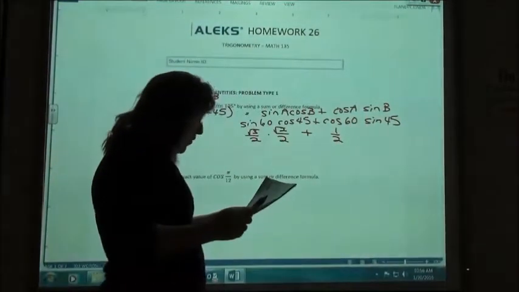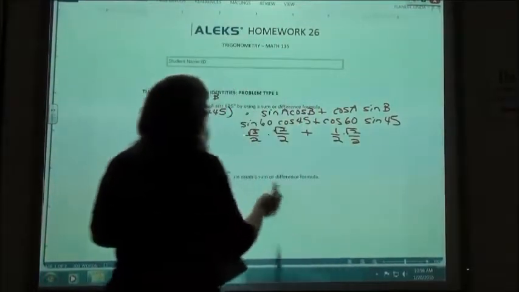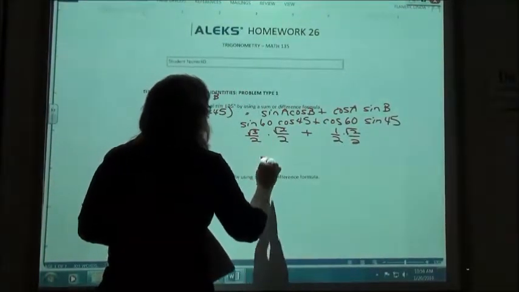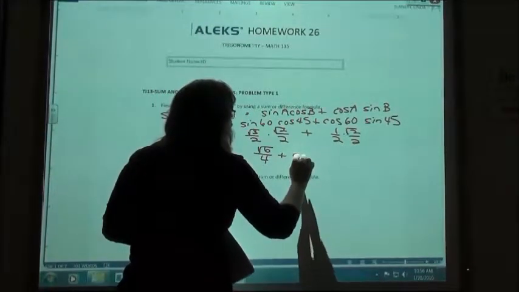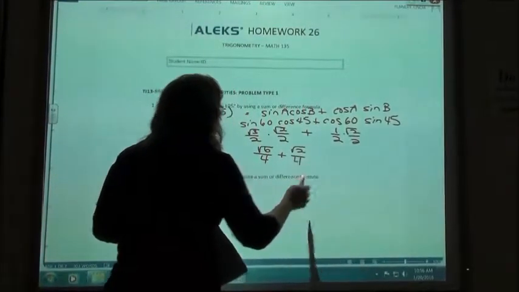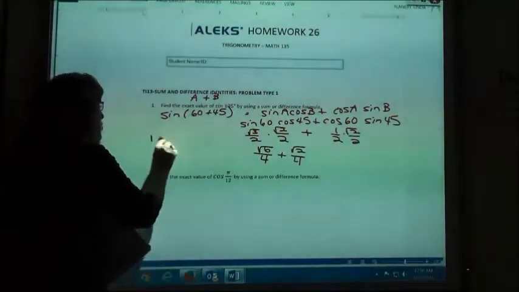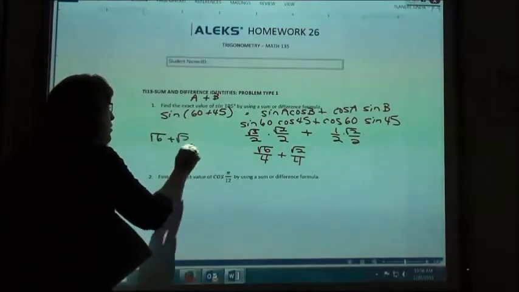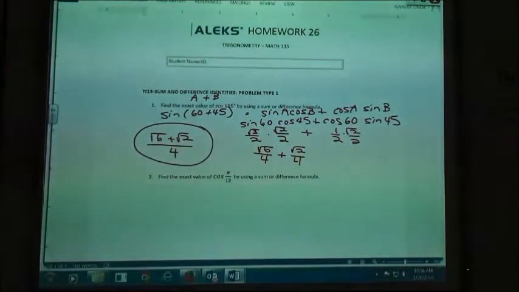And the sine of 45 is square root of 2 over 2. So we would get the square root of 6 over 4 plus the square root of 2 over 4. And then just combining that into one answer, I would have the square root of 6 plus the square root of 2, all over 4 for my answer.